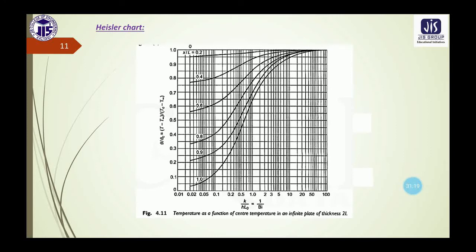Now in the x-axis, the value of 1 by Biot number will be in between 5 to 10. So after 5, that will be the line of 1 by Biot number when it is 6.